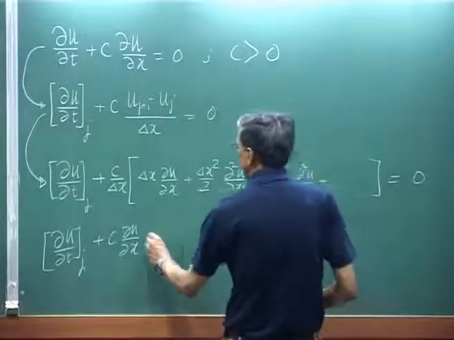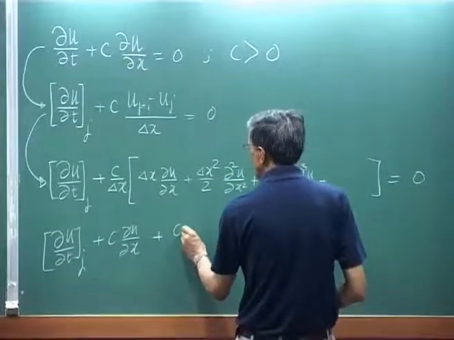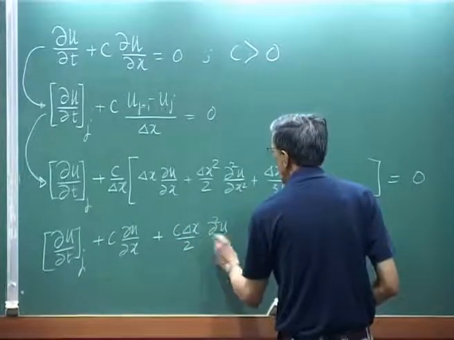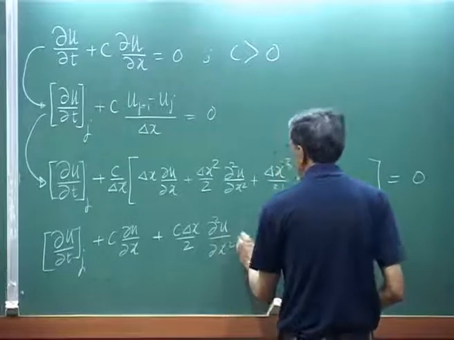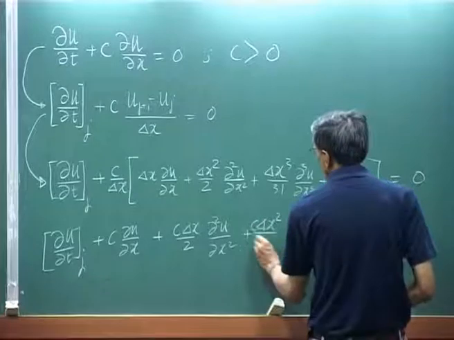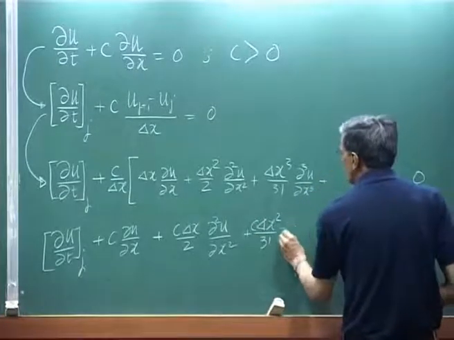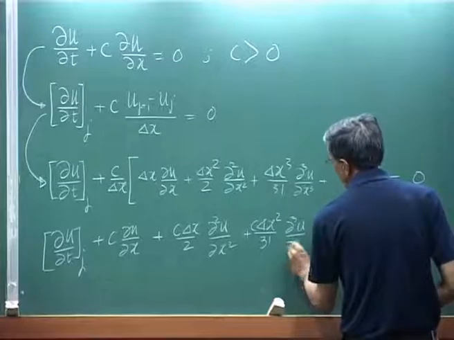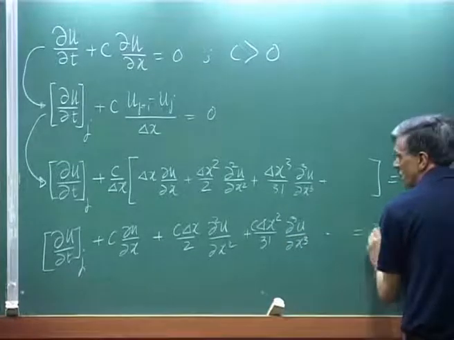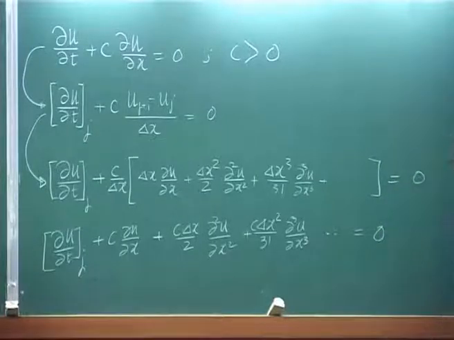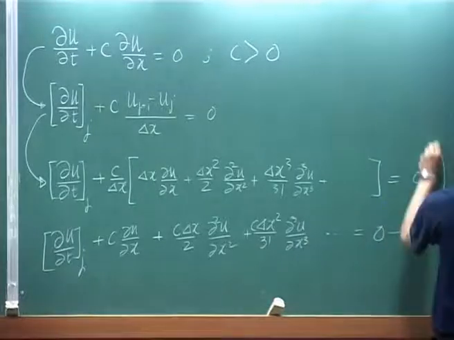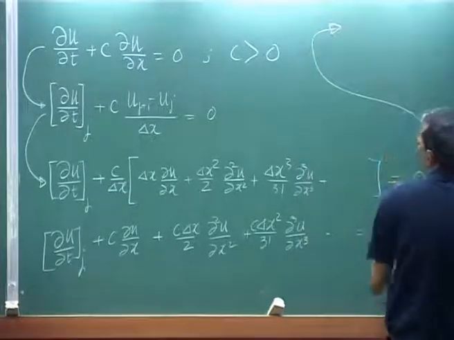And this additional term will be C delta x by 2, and so on and so forth, equal to 0.